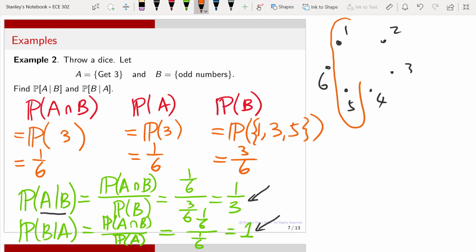So that means I am really just looking at this event. This is my B. Among the B's, I want to look at what is the probability of getting a 3.